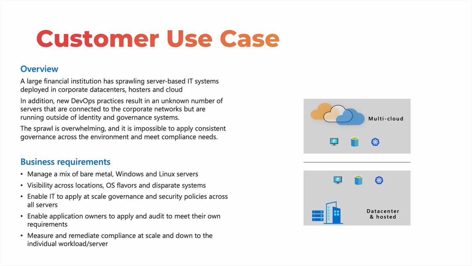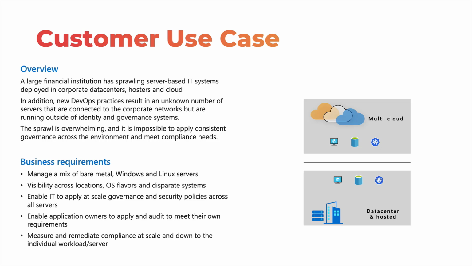So to understand this better, let's take a customer use case. There is a hypothetical financial institution that is dealing with VM sprawl or server sprawl, which means there are hundreds of servers and virtual machines in the data center, in the cloud, that are not visible to the enterprise IT.